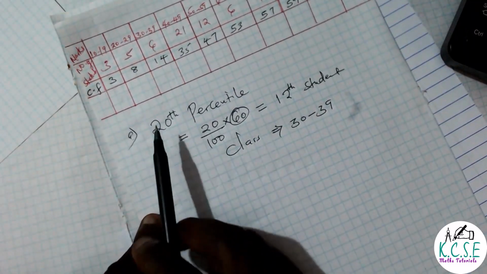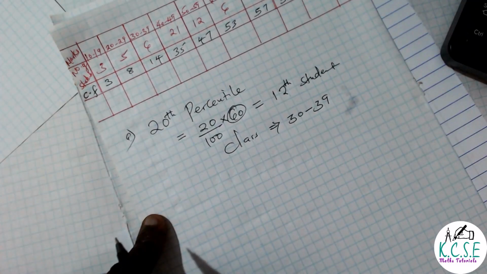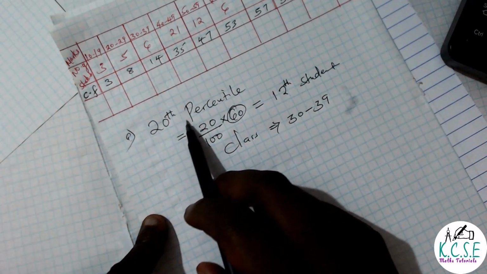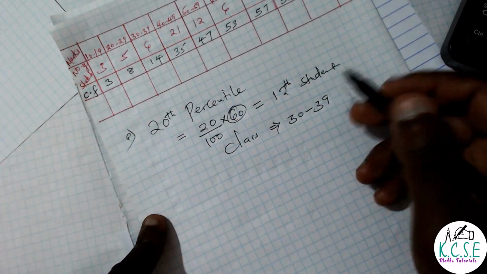Then after identifying the class, we now want to get the mark scored by the 12th student, that is the 20th percentile. What is the mark scored by the 12th student? This is how we're going to get it.